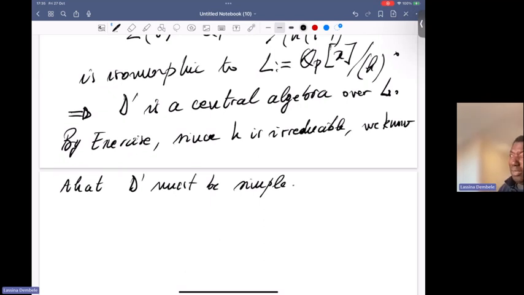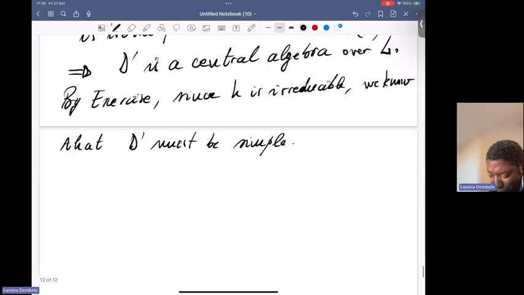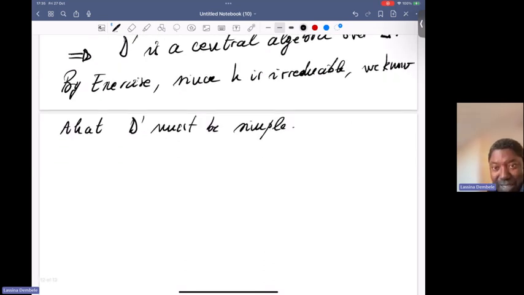Because if it's not simple, then you will have a two-sided ideal, and the quotient by that two-sided ideal will give us a smaller algebra, and that smaller algebra will be given by a polynomial which necessarily divides h, and this will contradict the irreducibility of h. So this gives us that D prime is simple, but we can say a bit more, right?